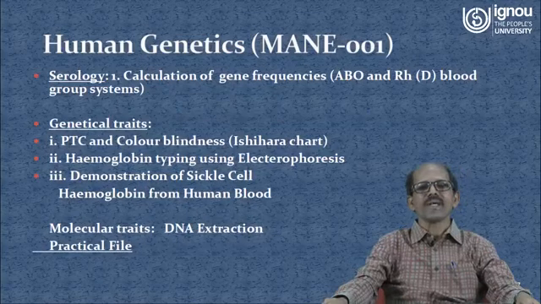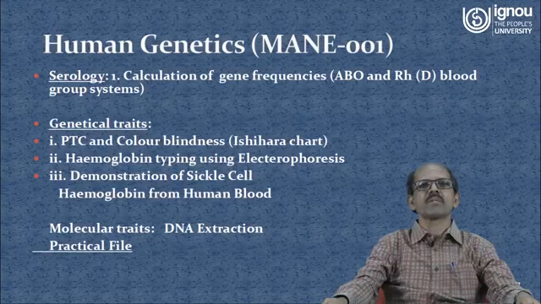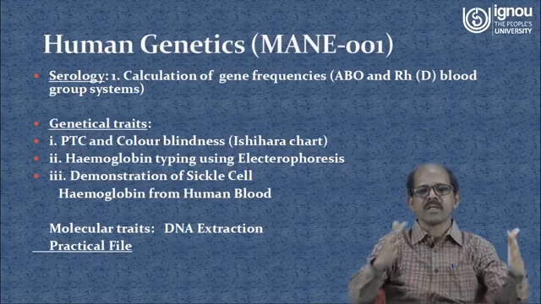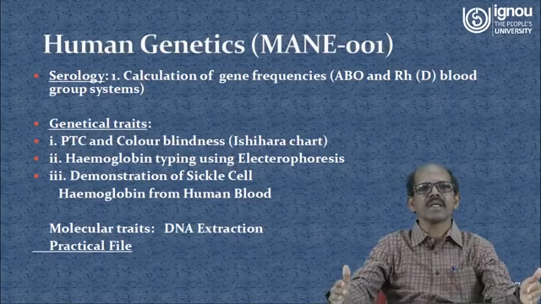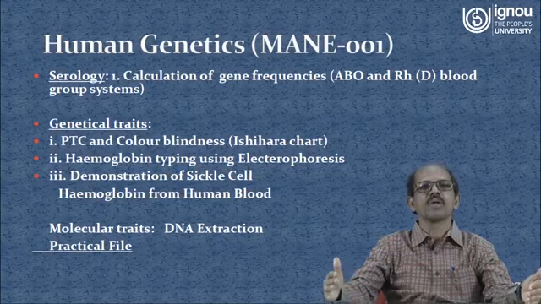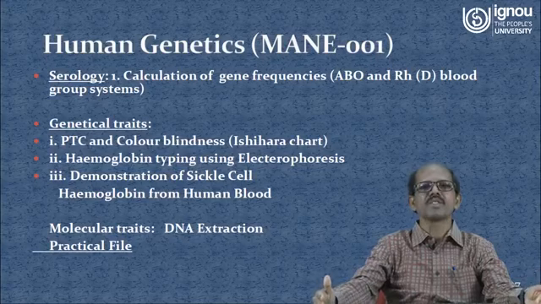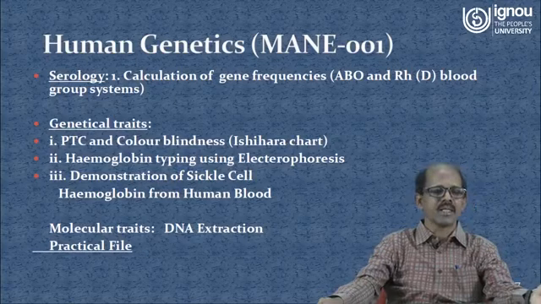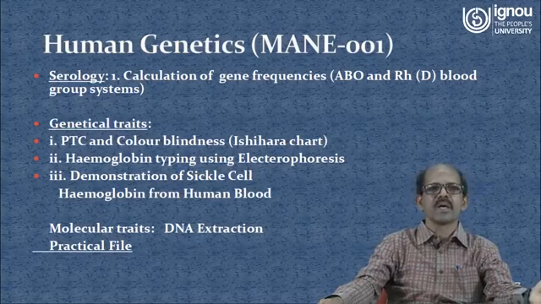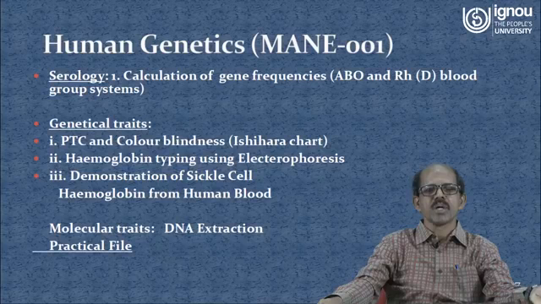Then the next course, which has a practical component, is human genetics. See, anthropology is human variation and evolution. So, to understand human evolution, we need gene frequencies. In the first year, in physical anthropology practicals, we did serology, in which blood group polymorphism was done.